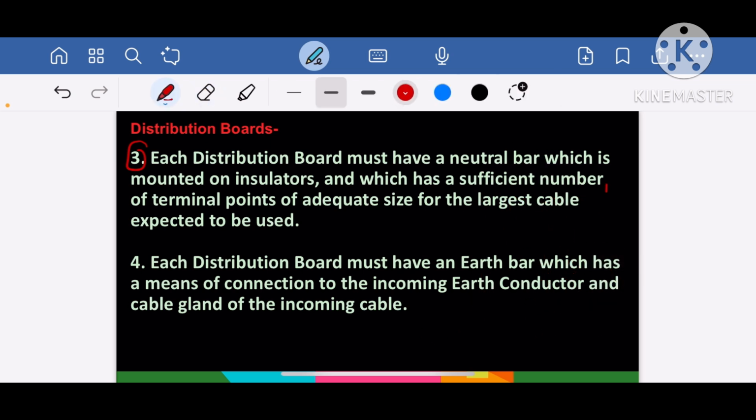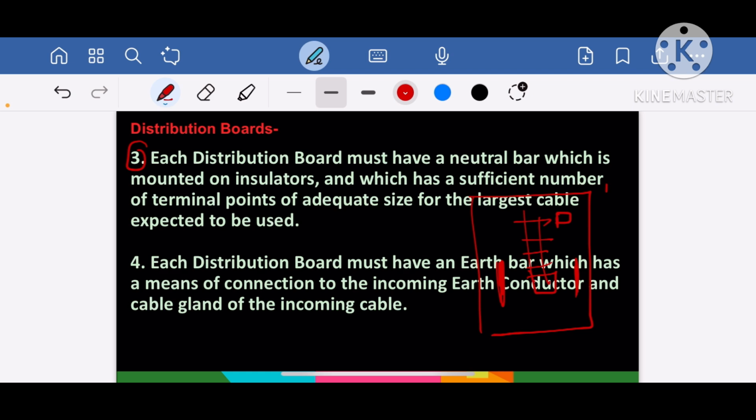Now let us move to the other point. Each distribution board must have an earth bar which has a means of connection to the incoming earth conductor and the cable gland of the incoming cable. What does it mean? In the same way, for any distribution board, final, sub-main, or main, there will be a bus bar, outgoing breakers, an incoming cable, a neutral link, as well as an earth link.